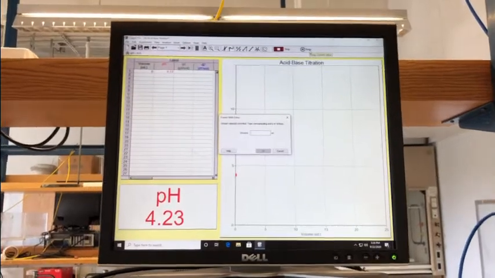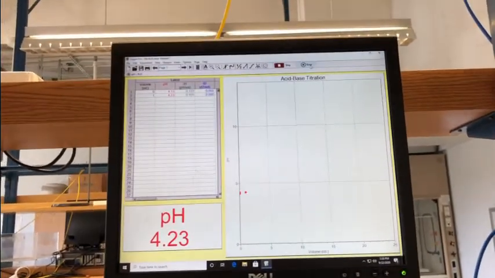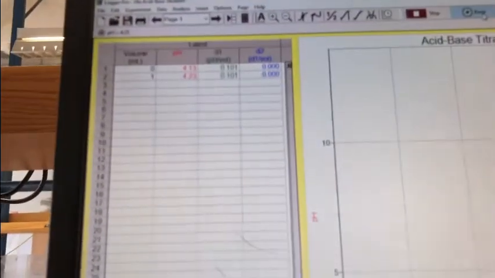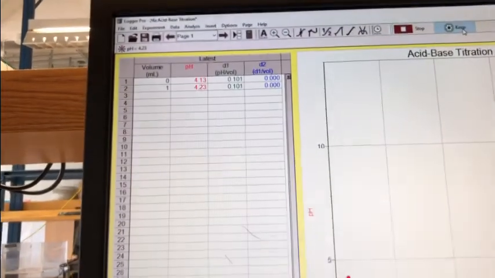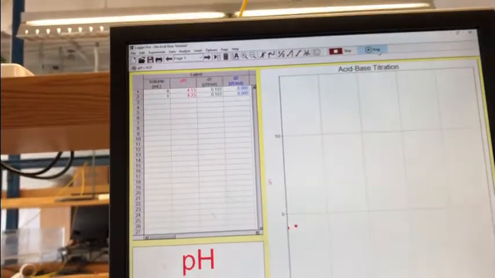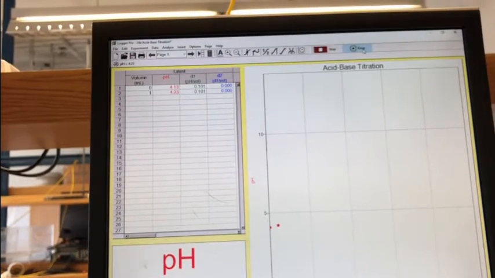It's like 1 ml. If you keep doing it, I am showing you after doing the calculation how it will look.